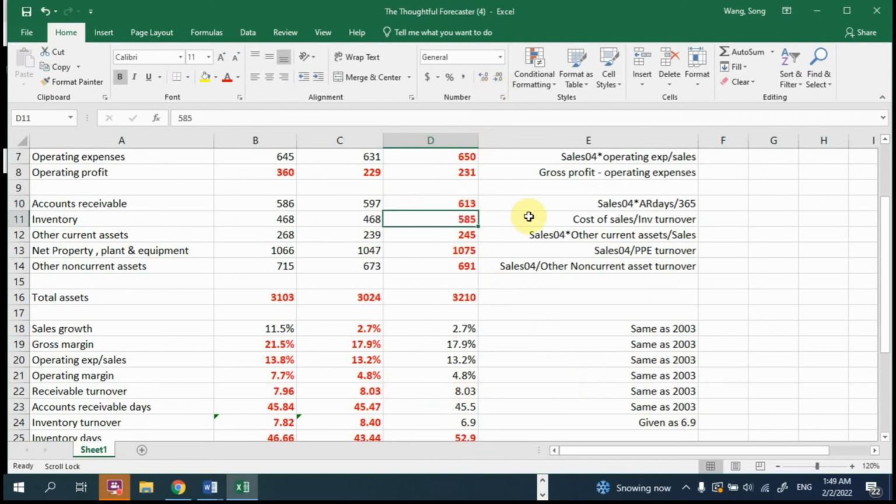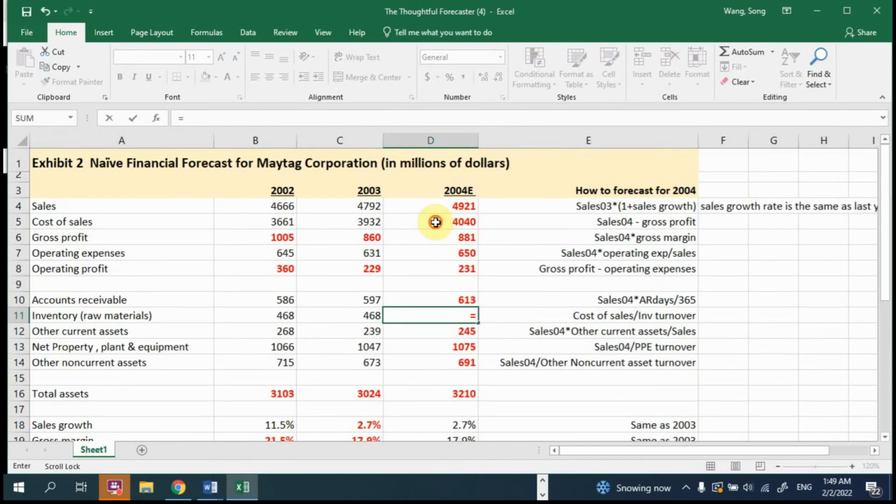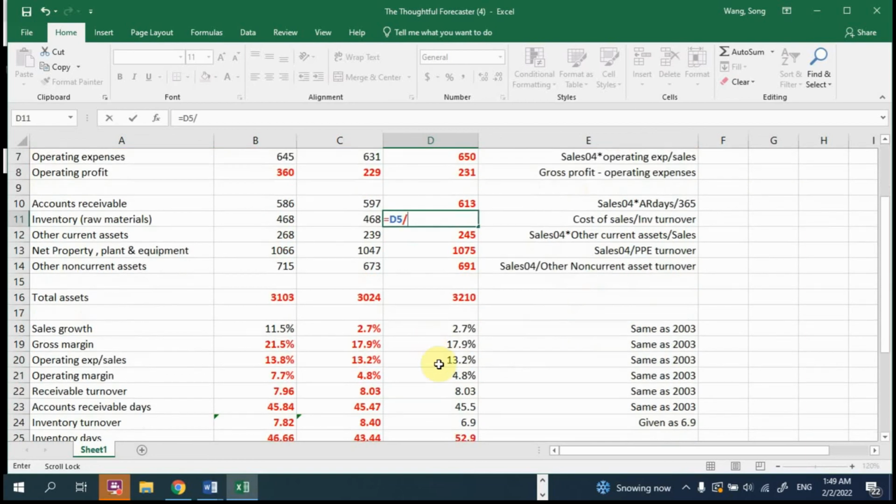And for inventory, again, our inventory is related with raw materials, and that is related with the cost of goods sold. So I'm going to use the cost of goods sold, or cost of sales, divided by the inventory turnover. The textbook gave us that number at 6.9.